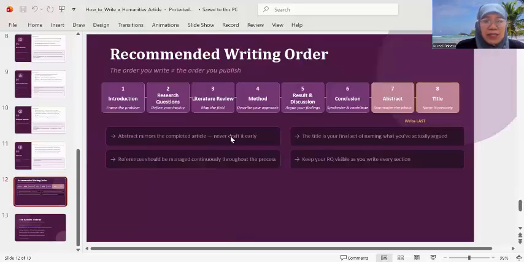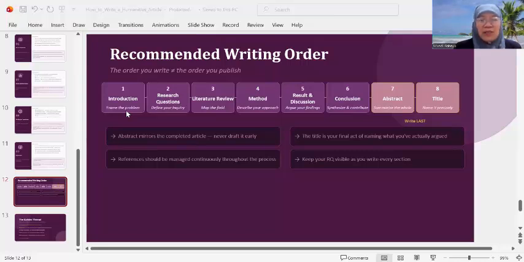Okay, so this is the recommended writing order. The order you write is not the same as the order you publish. First, you need to write the introduction. Here in the introduction, you frame the problem. And then the research question, which means you define your inquiry or your question.